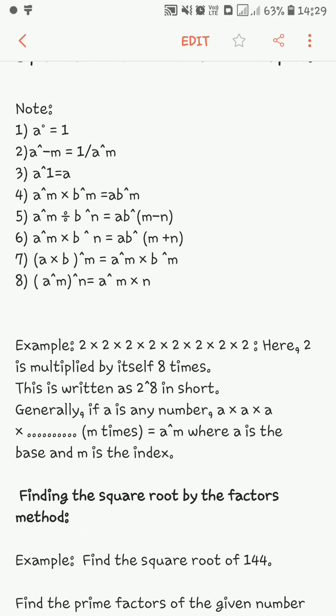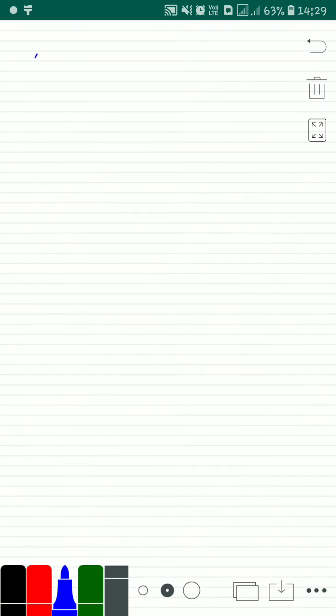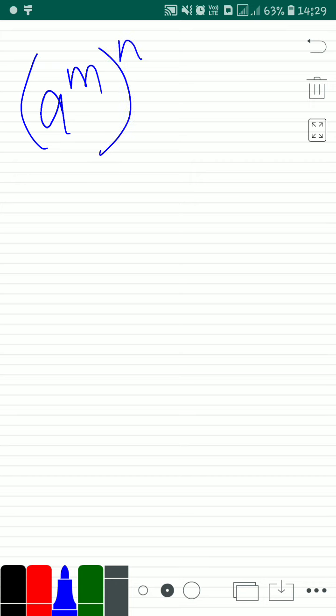Next is a raised to m raised to n is equal to a raised to m into n. Suppose one index is given in the bracket, that is m, and one index is given outside, then you have to solve it as a raised to m into n by opening the bracket.